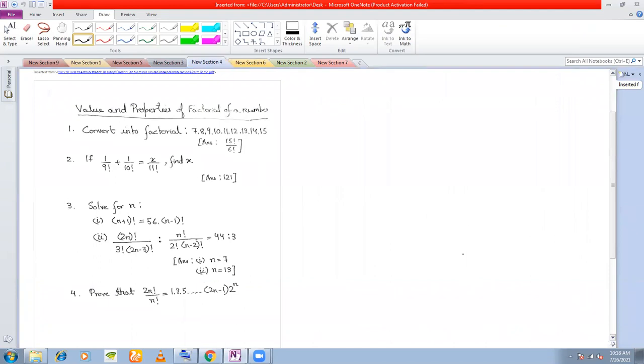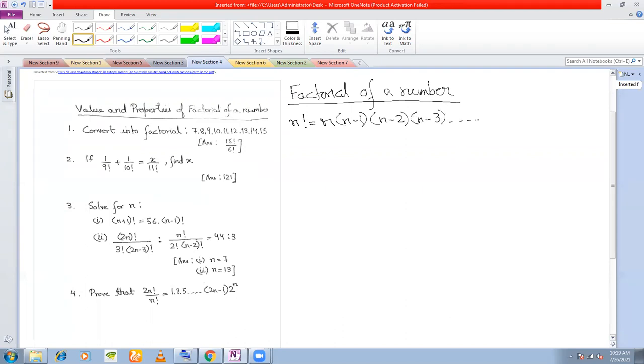We now move on to the next part of this topic before actually moving into permutations, which is the definition of factorial of a number. How do you define the factorial of a number and what is the notation? The factorial of a number n is defined as n into n minus 1, n minus 2, n minus 3, and this will continue till 3 into 2 into 1, the product of all these.